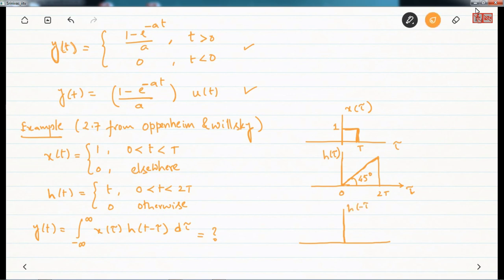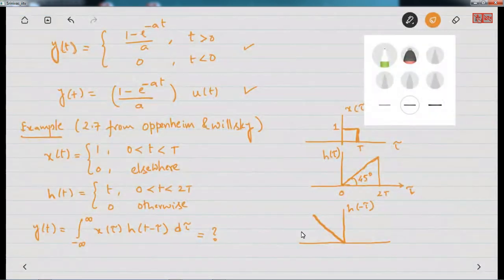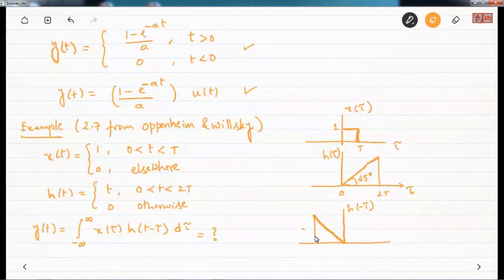So h of minus tau, how do we get? So this is minus 2t, this is 0, so this is h of minus tau.